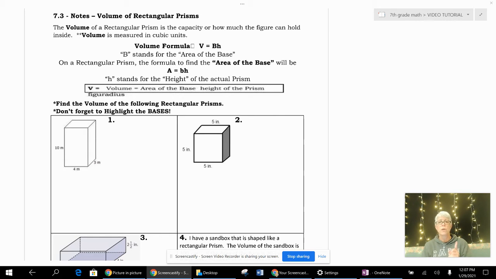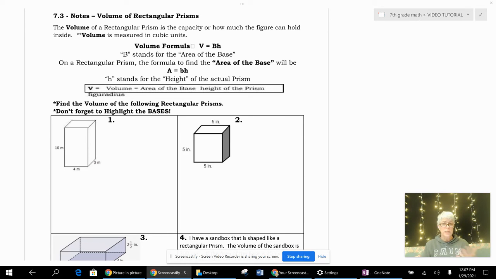And I want you to note again that it says volume equals a capital B. Capital B means area of the base. It's going to be either the area of a triangle, a rectangle, a square. So today, because we're doing rectangular prisms, it's always going to be a rectangle or a square. So super easy.